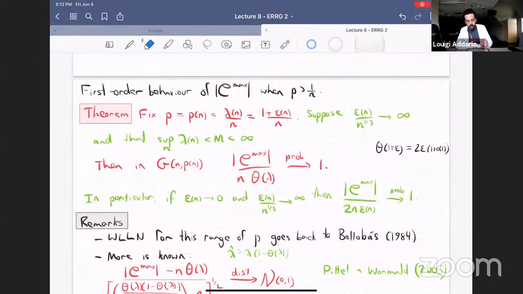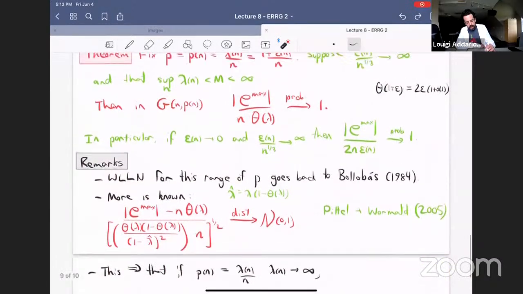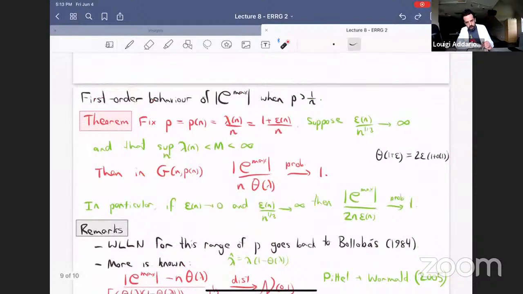But theta(lambda) tends to 1 as lambda tends to infinity. The survival probability of a Poisson branching process tends to 1 as the mean gets large. The size of the largest component also certainly gets larger as the edge probability gets larger.